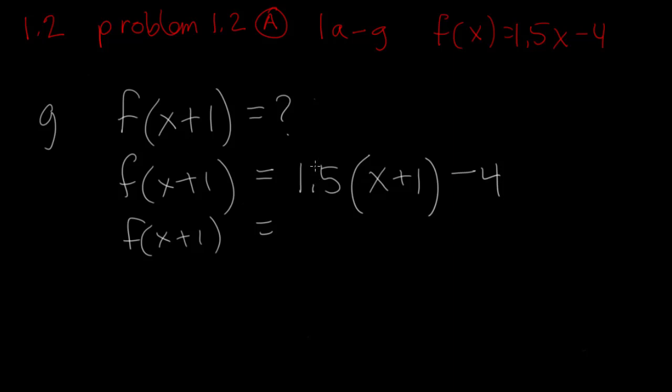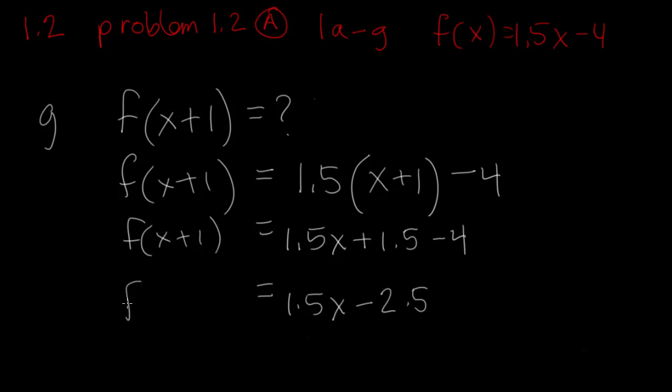So if we do our algebra, f of x plus 1 is equal to 1.5. You do your distribution, 1.5x, 1.5 times positive 1 is plus 1.5. Now you're done distributing, minus 4. 1.5 can't combine with anything on that side, so we keep it. 1.5 minus 4 should be a negative 2.5.